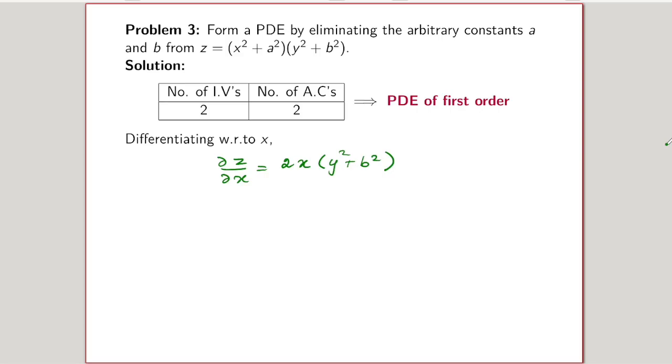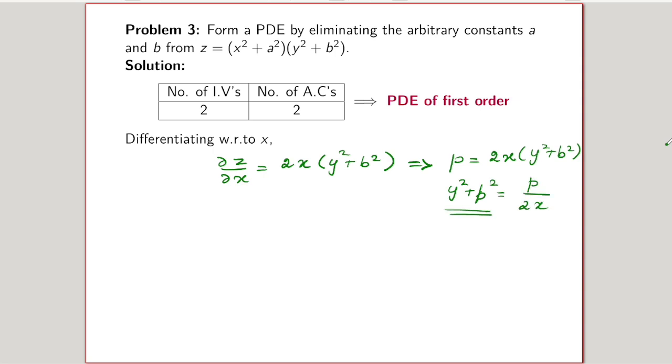So p is equal to 2x into y square plus b square, or y square plus b square can be written as p divided by 2x.